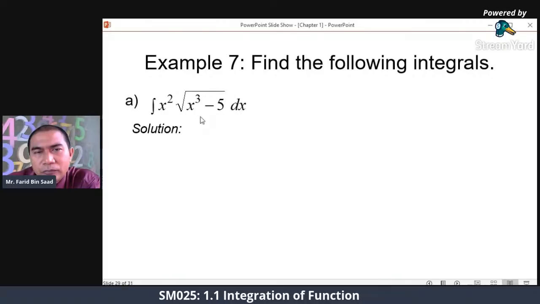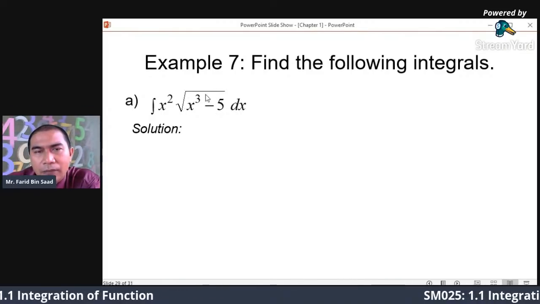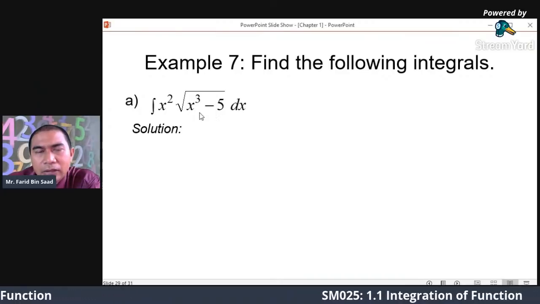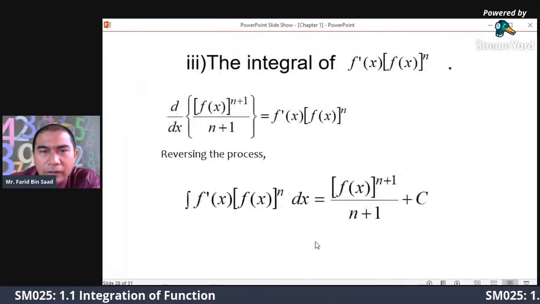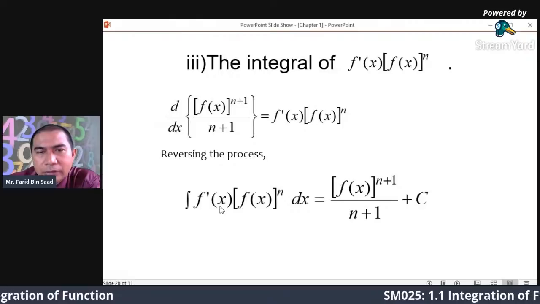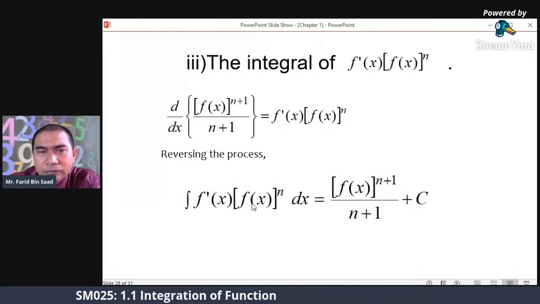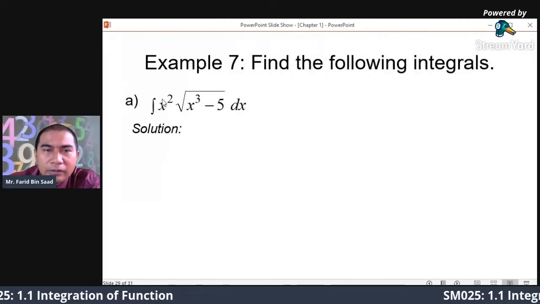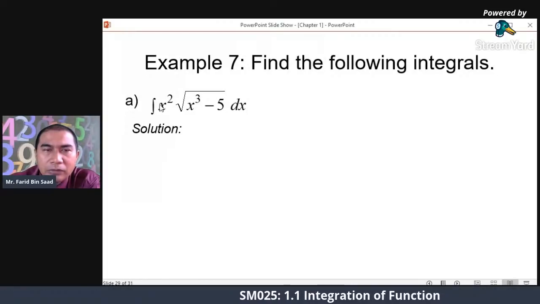Okay. So if we differentiate f(x) only, we get 3x power of 2. If you want to apply the formula f prime x times f(x) power of n, if you compare here, there is no 3 in the front of x power of 2.